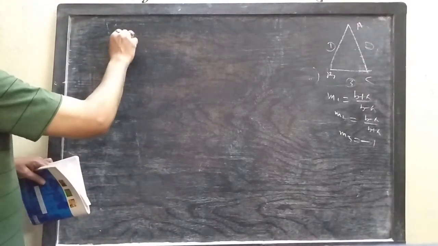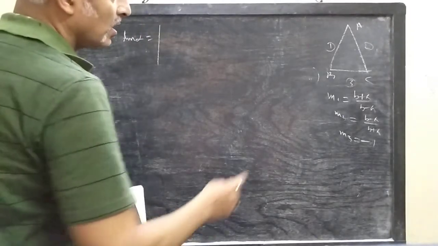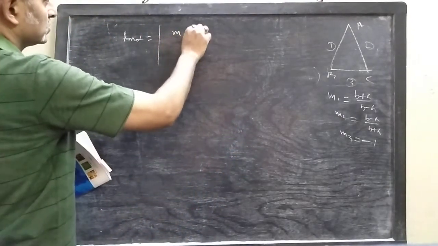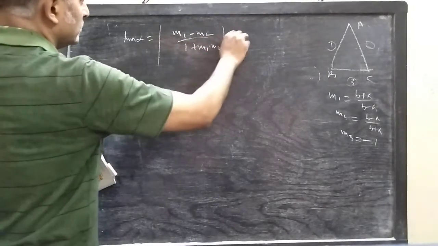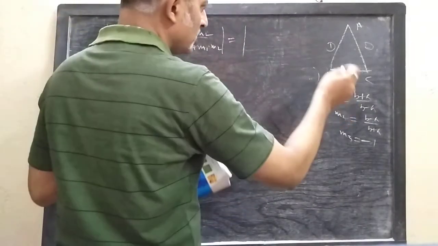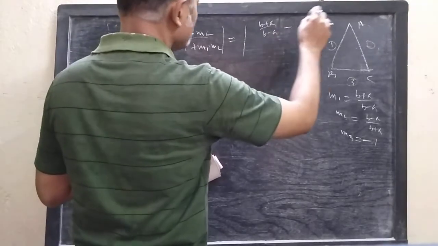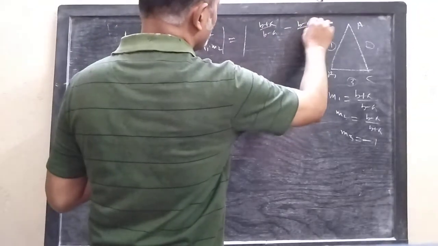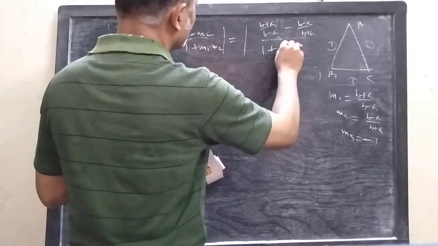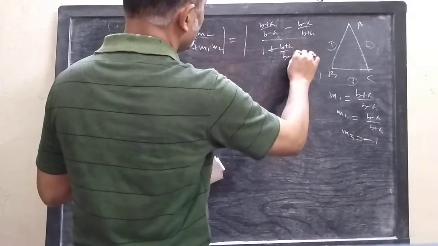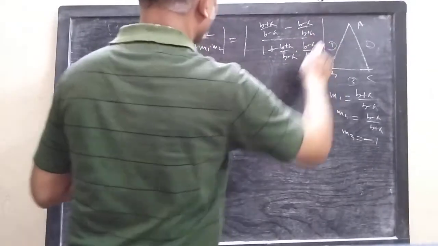Then tan alpha equals mod of (m1 minus m2)/(1 plus m1 m2). This equals mod of [(b plus a)/(b minus a) minus (b minus a)/(b plus a)] divided by [1 plus (b plus a)/(b minus a) into (b minus a)/(b plus a)].